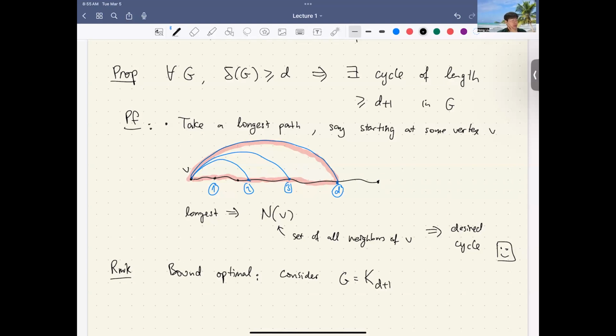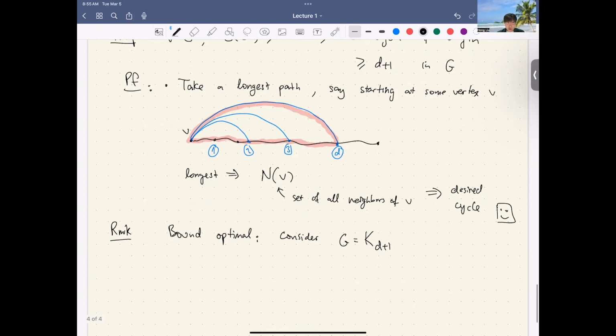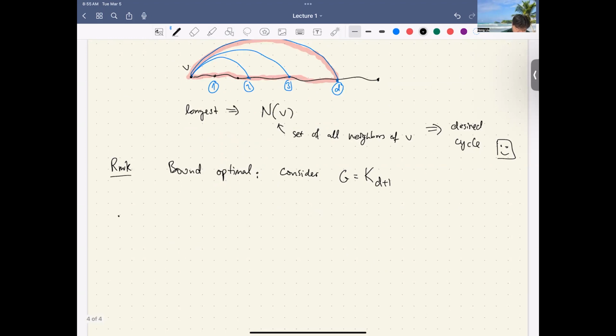All right, so let me give you one more exercise to finish these very basic parts. And using this exercise, I also introduce a new family of graphs. This is a family of trees. So what is a tree? A tree is a graph without any cycle as a subgraph.